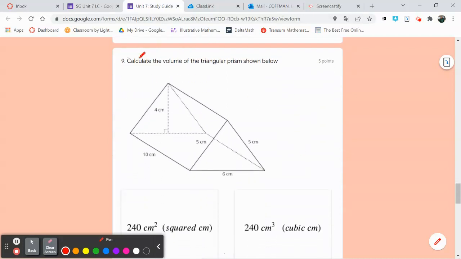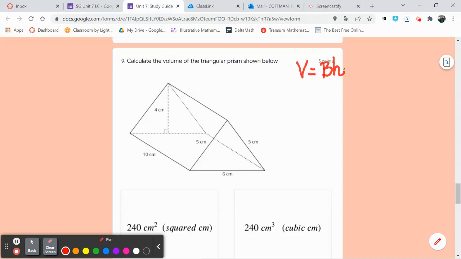Number 9, calculate the volume of the triangular prism shown below. So they gave us a triangular prism. First thing I need to do is remember my volume formula. Volume is equal to the area of the base, that's what the big B means, times the height. So the first thing we need to do is find our base.